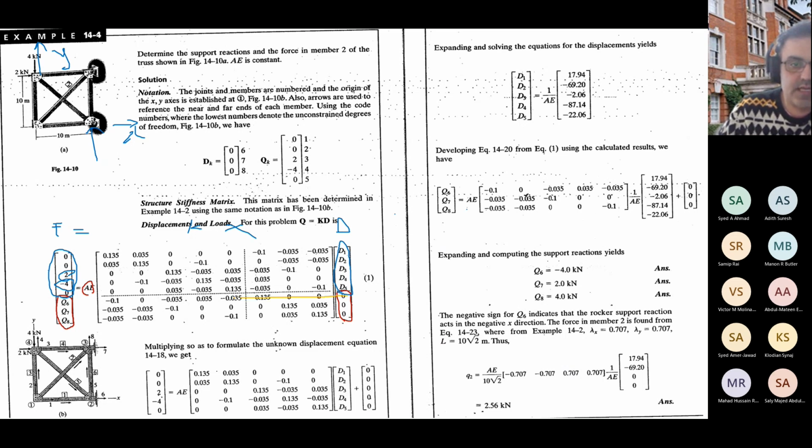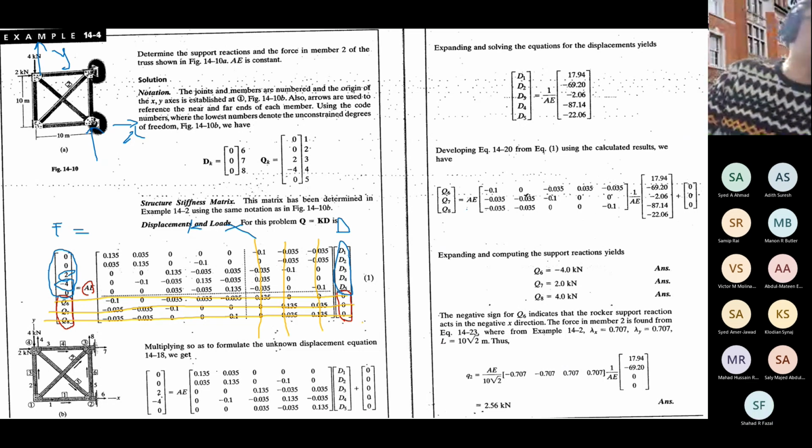For the 6, just eliminate row number 6 and column number 6. For the 7, eliminate row number 7 and column number 7. For the 8, just eliminate row number 8 and column number 8.